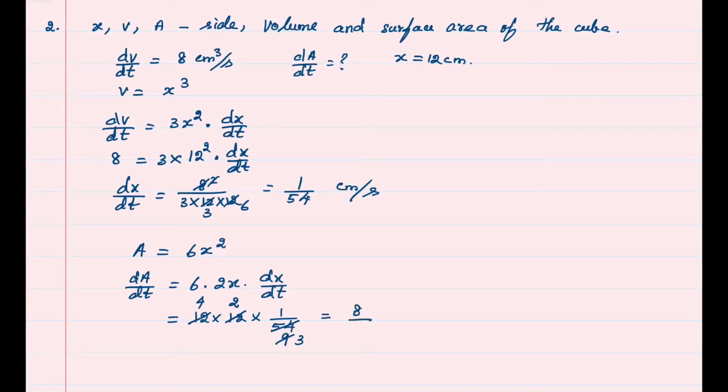The answer is 8 by 3, and the unit for dA by dt, area unit is centimeter square and time unit is seconds. So, centimeter square per second. Therefore, the surface area is increasing at the rate of 8 by 3 centimeter square per second.